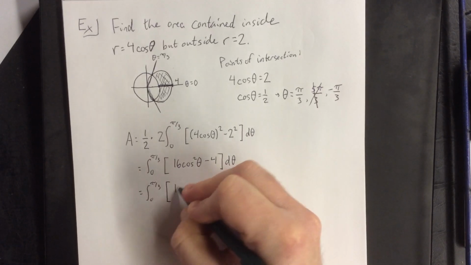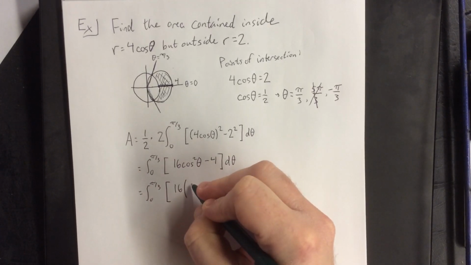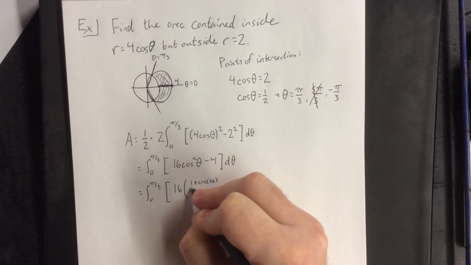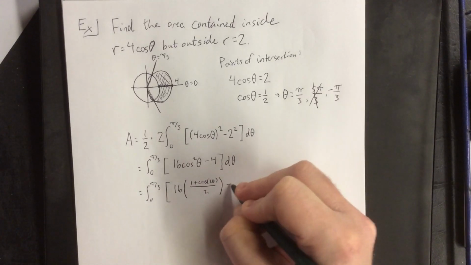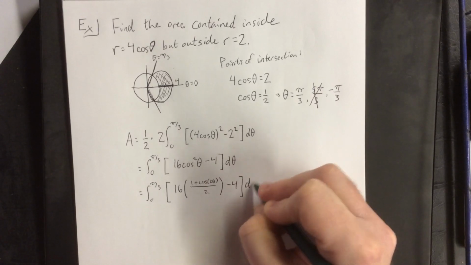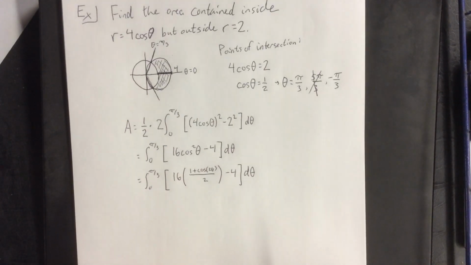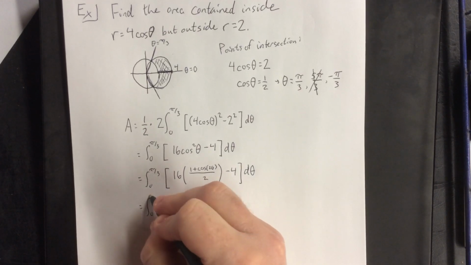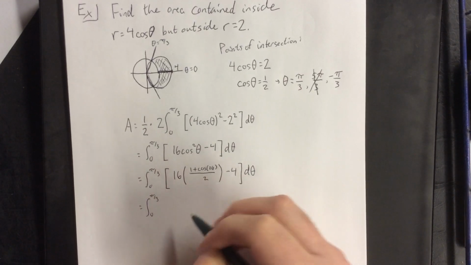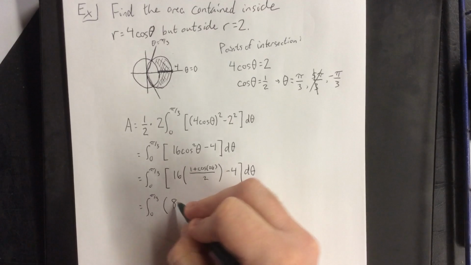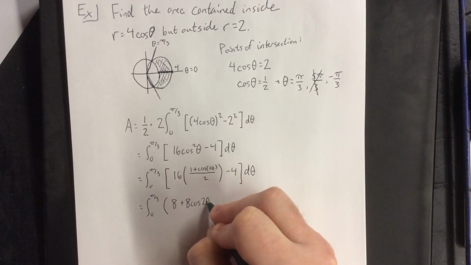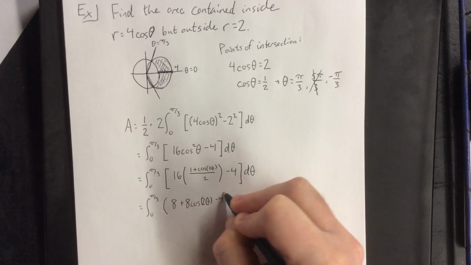Power reducing identity says that the cosine squared will be equal to 1 plus the cosine of 2 theta all over 2. And we'll hold on to that minus 4. The 16 and the 2 can reduce down to an 8. And distributing the 8 through, we will have 8 plus 8 times the cosine of 2 theta minus 4.